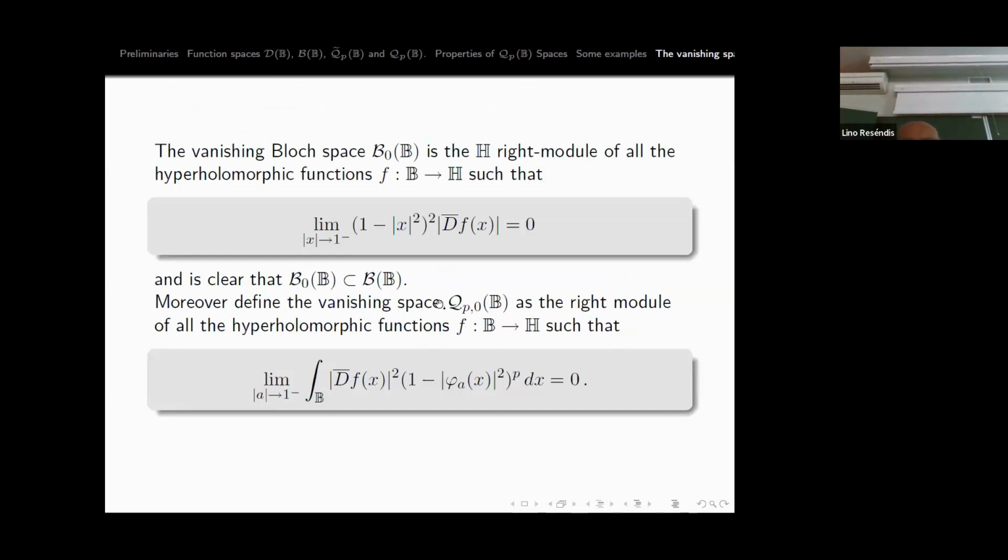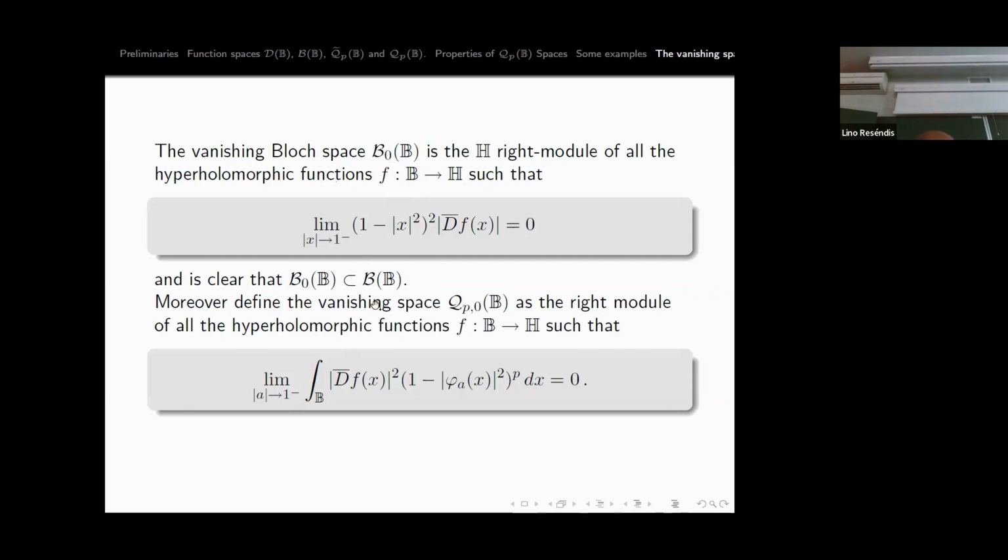And also, to finish this talk, only a few words about the vanishing space. We say that a hyperholomorphic function is in the vanishing Bloch space if, instead of the supremum, we consider the limit when the modulus of x tends to 1. If this limit is equal to 0, then we say that f belongs to the vanishing Bloch space. And again, of course, this vanishing Bloch space is contained in the Bloch space.